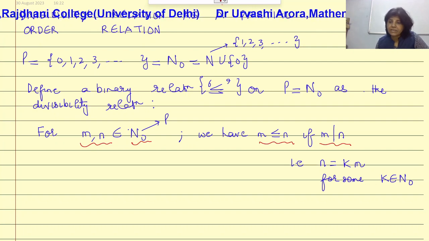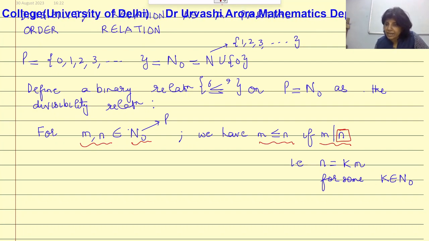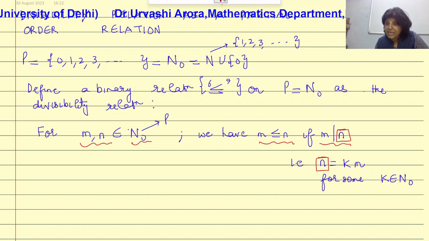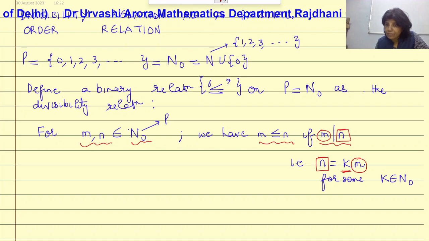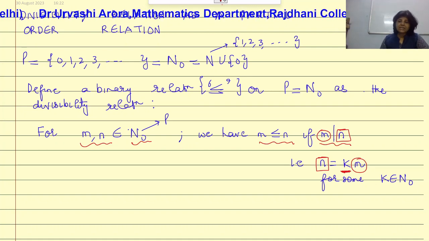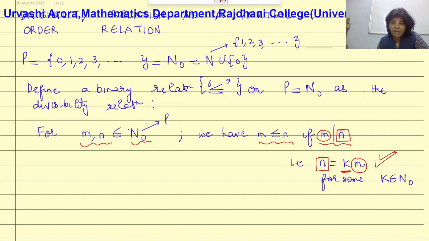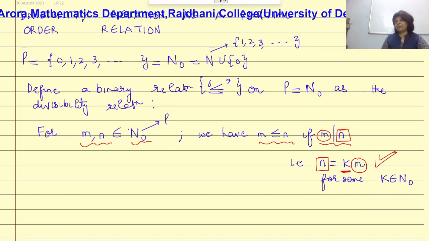It simply means that I should be able to write this n, which I am enclosing in a box, as something into m, and that something, which I am calling k, should come from N naught. If I am able to write n as n equals k into m, then I say that m divides n.